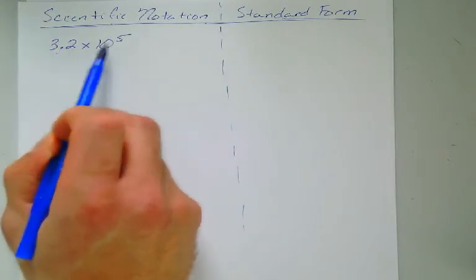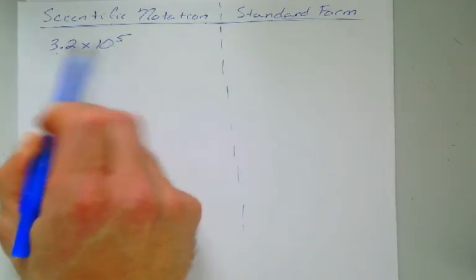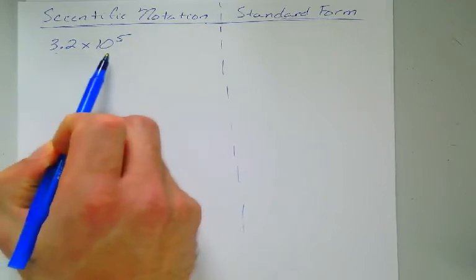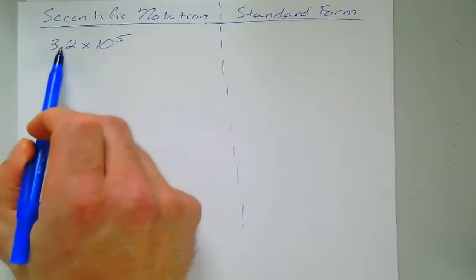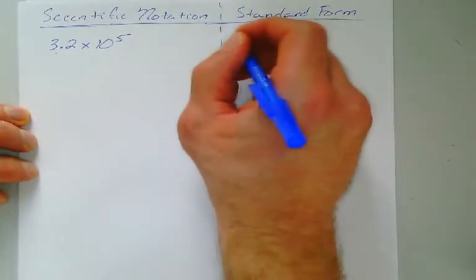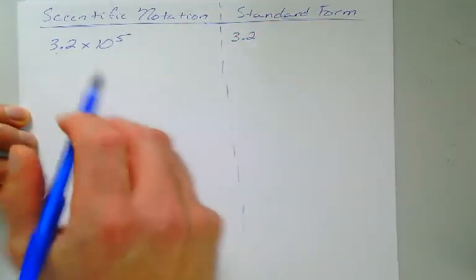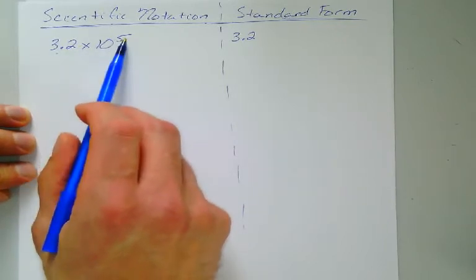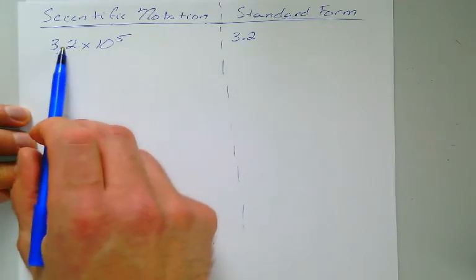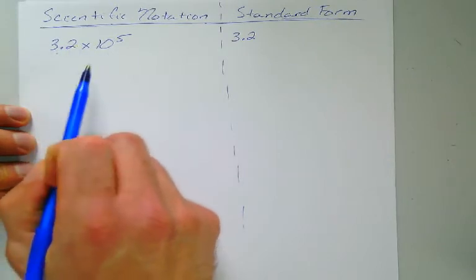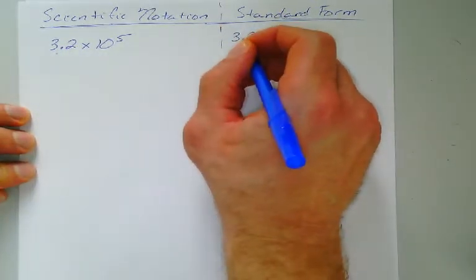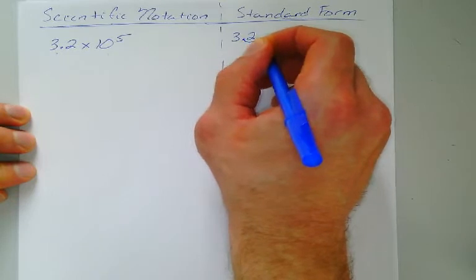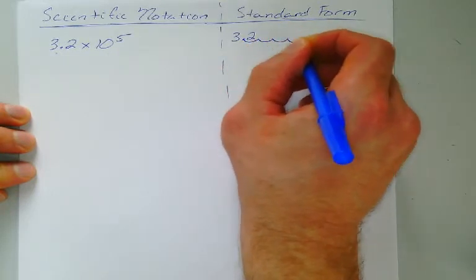So 3.2 times 10 to the 5th is scientific notation. To convert that to standard form, we're going to take that 3.2 and we are going to move the decimal right every time we have a power of 10, which is 5 times. So I'm going to move this decimal point right 5 times. 1, 2, 3, 4, 5.